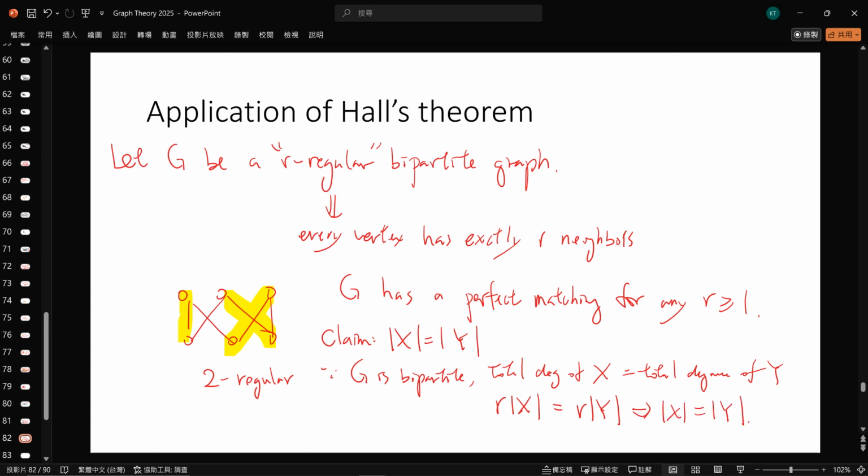Good. So now we know that in an R regular bipartite graph, the size of X must be equal to the size of Y.